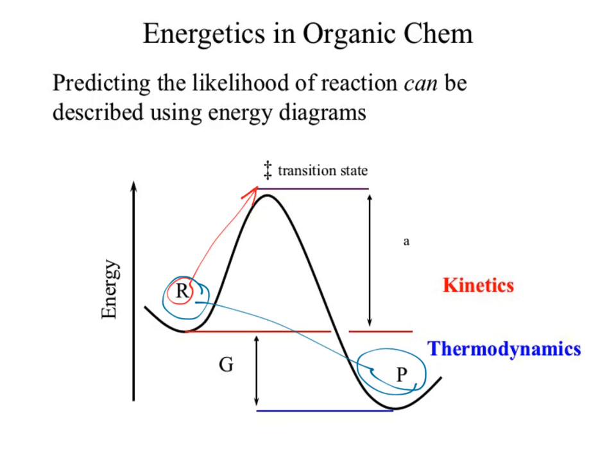So if we encounter reactions where our product energy is higher than that of our reactants, one of the reagents we might add would be heat. We'll probably also add an acid or a base catalyst to help force that reaction to occur. Both of those cases change the dynamics of the energy diagram, facilitating that chemistry. Kind of make sense?